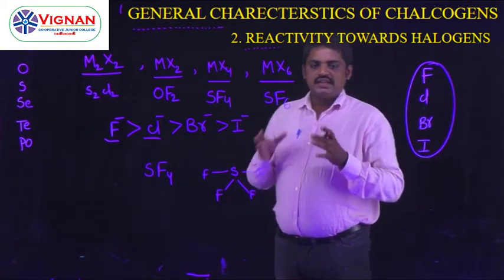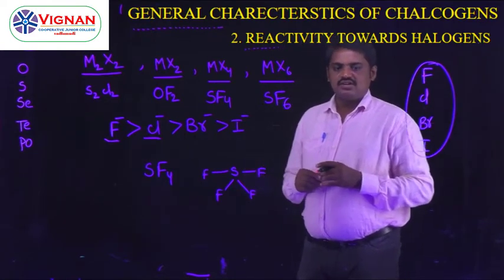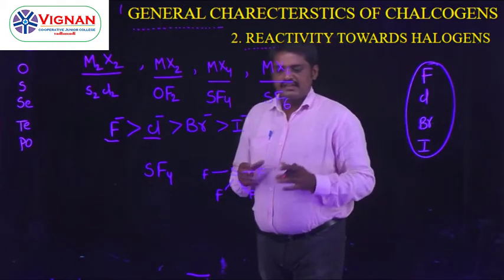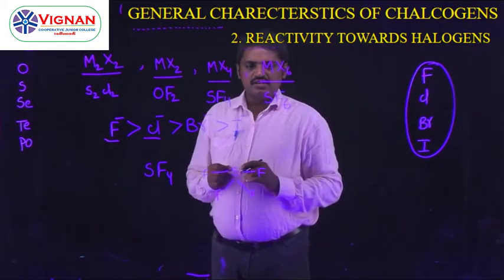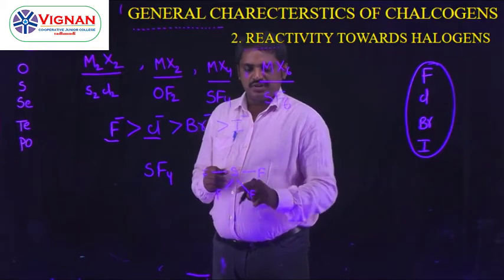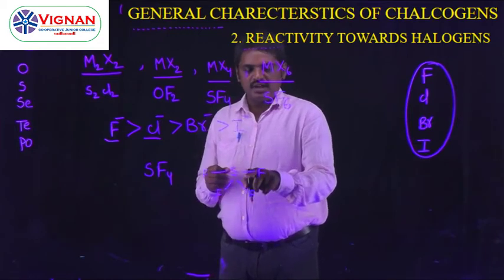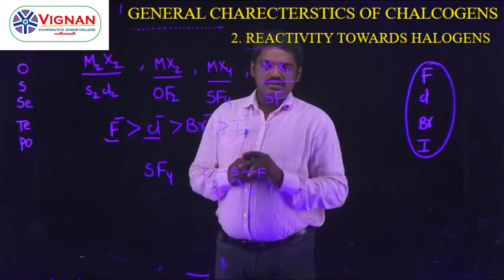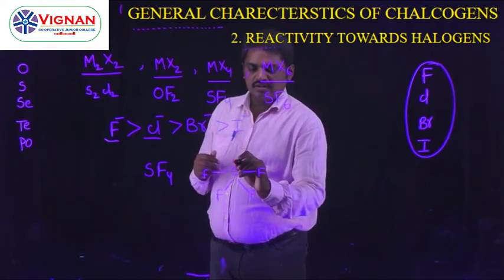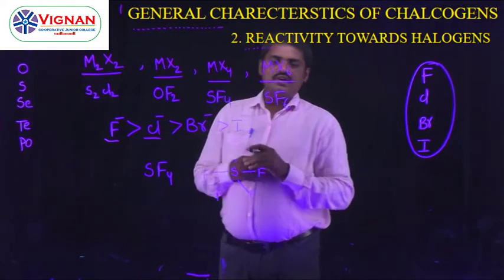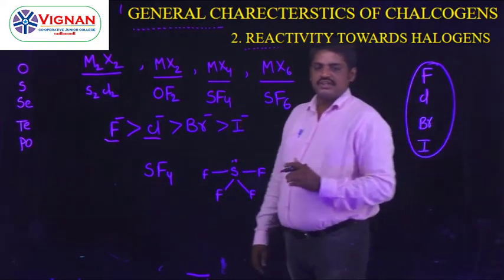Of these 6 valency electrons, 4 are involved in the formation of fluorine bonds, and the remaining 2 electrons are involved in the formation of a lone pair.